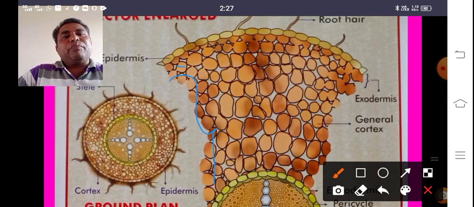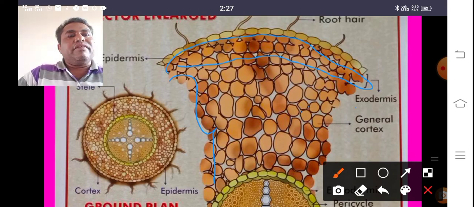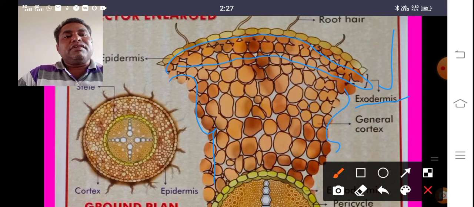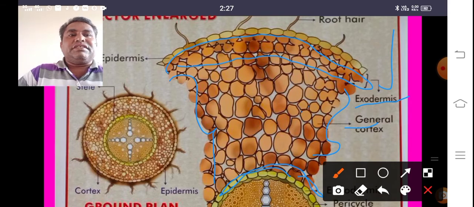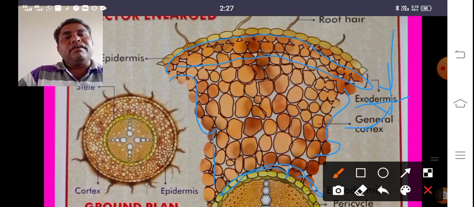The upper zone, from here to here, is called the exodermis, and from here to here is called the general cortex, and the circle of yellow-colored cells below is called the endodermis.